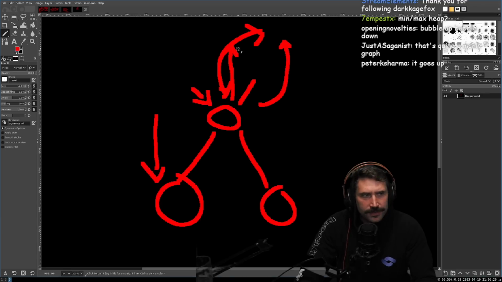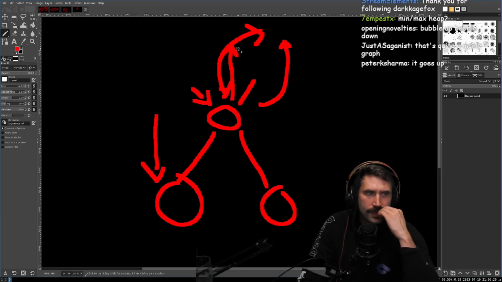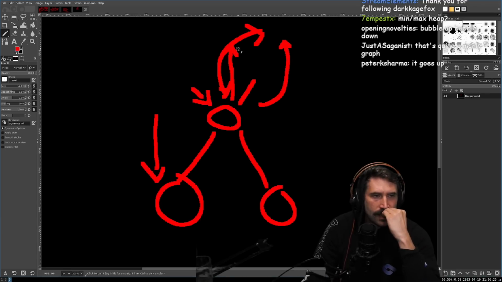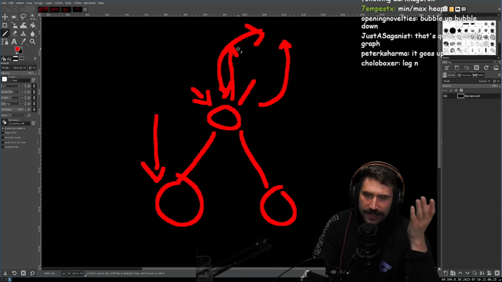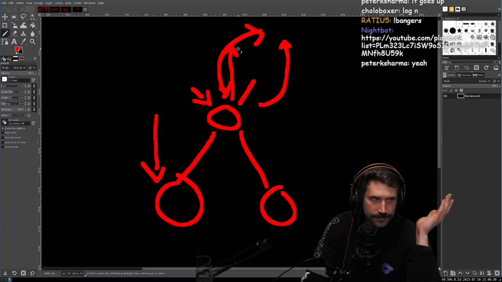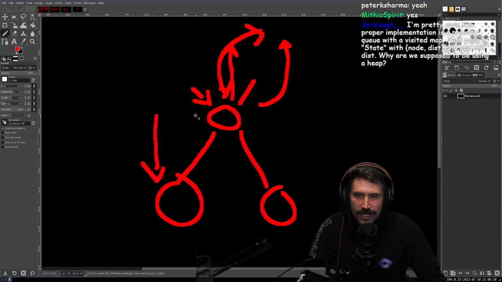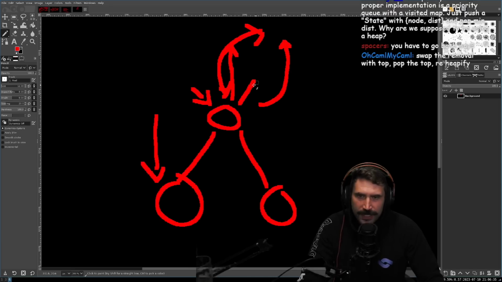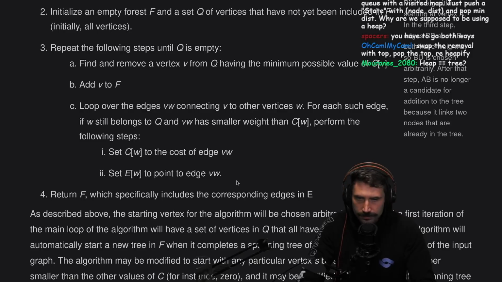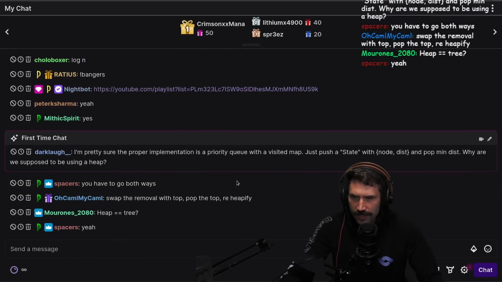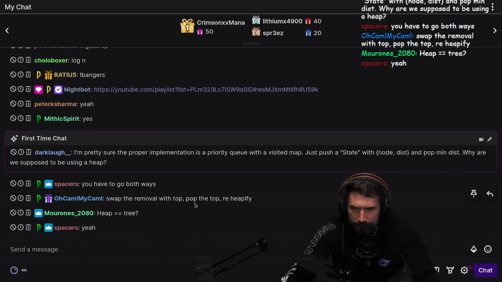That's update, right? It goes up. Yeah, in this case, if the value can only become less, yes. But I guess in the general sense, you'd have to keep on swapping down or up. Swap the removal with top. Pop the top. Reheapify.